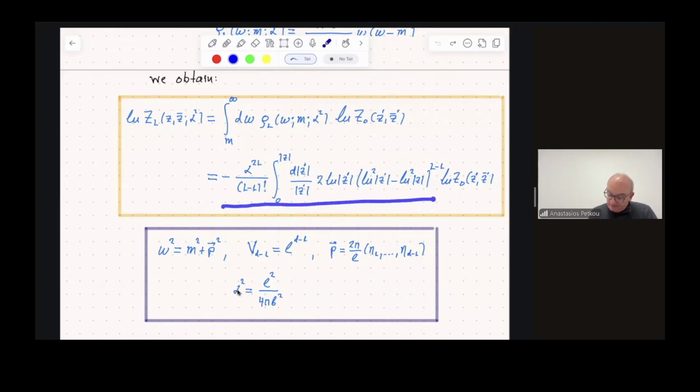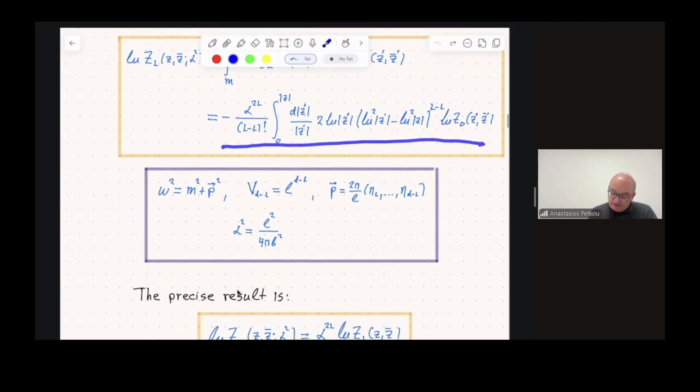I leave it in this form as an integral, and here I just explain this is the relativistic dispersion relation, but there are a few things that I need to explain. I assume that my system lives in d minus 1 dimensions, so I have a spatial volume which is like that. So I have to assume a length scale L. I quantize my spatial momenta like in a box.